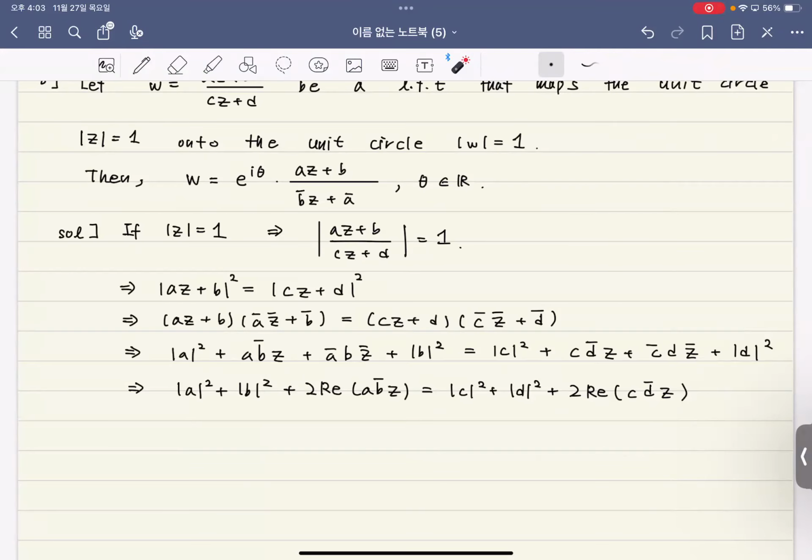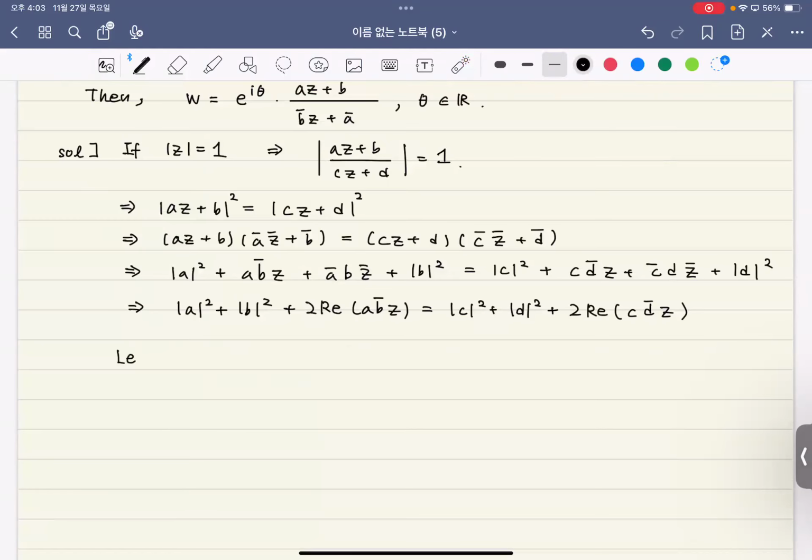Now I need to pick some very clever choices of Z that give us very convenient conditions for the four complex numbers A, B, C, and D. I should better plug in Z equals 1, Z equals -1, and Z equals i.